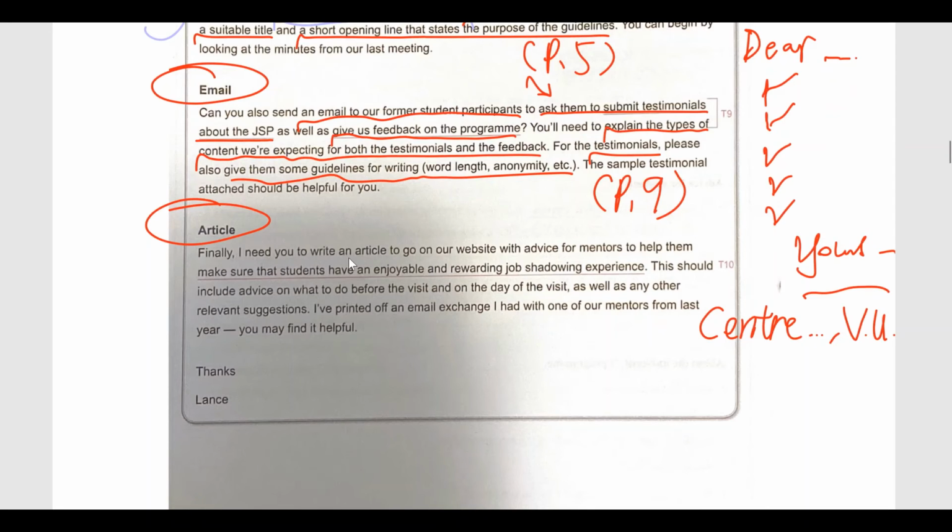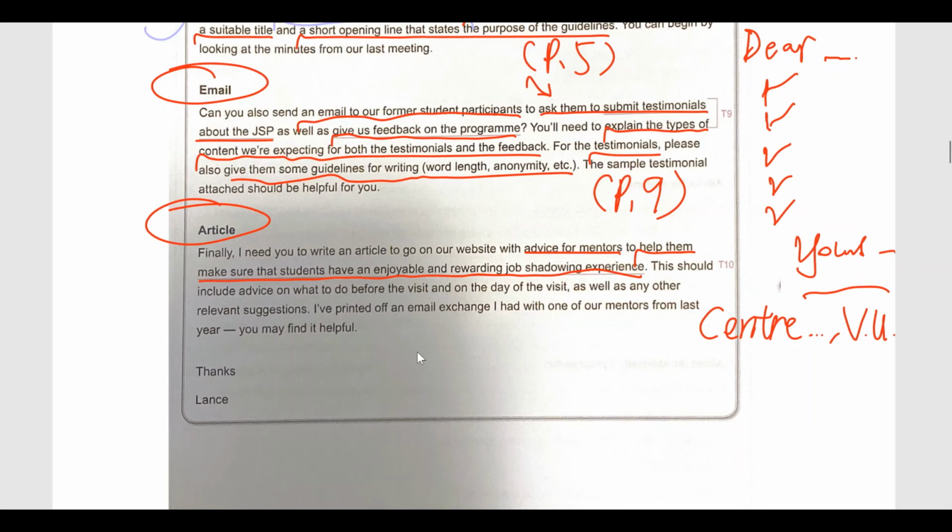And then for article, finally I need you to write an article to go on our website with advice for mentors to help them make sure that students have an enjoyable and rewarding job shadowing experience.